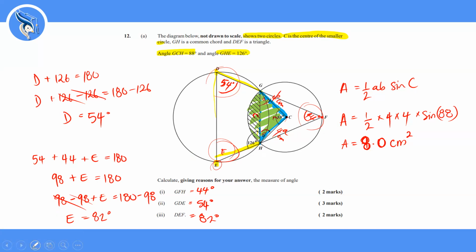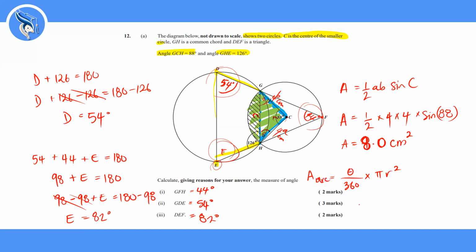And to do that, we will use the formula theta, which is the angle the sector covers, over 360 degrees. So that's a part of the circle multiplied by the area of a circle, which is pi r squared, right? And that would give you the area of the minor arc.